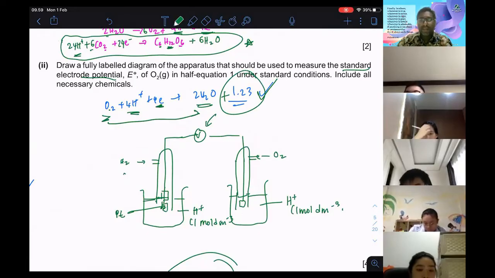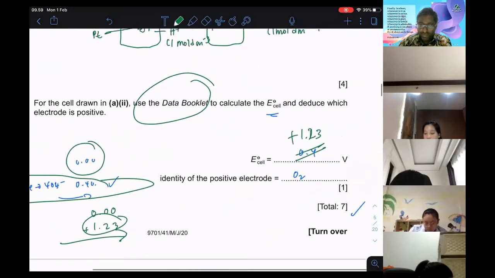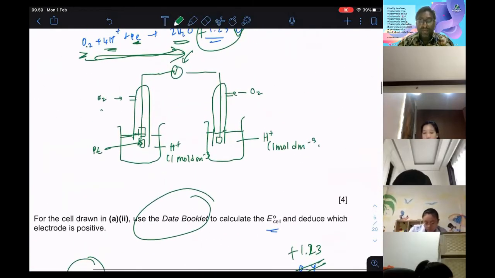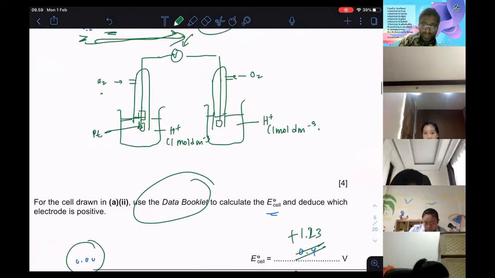If it is releasing electrons, then it's going to be the negative terminal. In this case, this is accepting the electrons because you are following this direction. If you are using up the electrons, it is automatically a positive electrode or positive terminal. So O2 is automatically the positive terminal. Please take note of this.